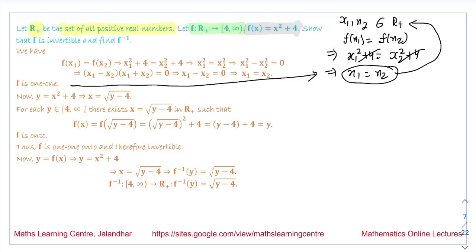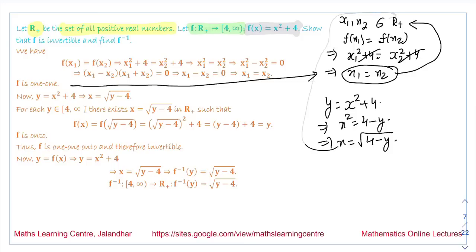Next we have to prove that it is onto. So to prove it is onto, we are going to find the range of this function. So we write y is equal to x square plus 4. So this gives us that x square is equal to y minus 4, and this gives us x is equal to square root of (y minus 4). We are not considering the negative sign over here because this x belongs to R positive. Now this value will exist if we have y greater than or equal to 4.